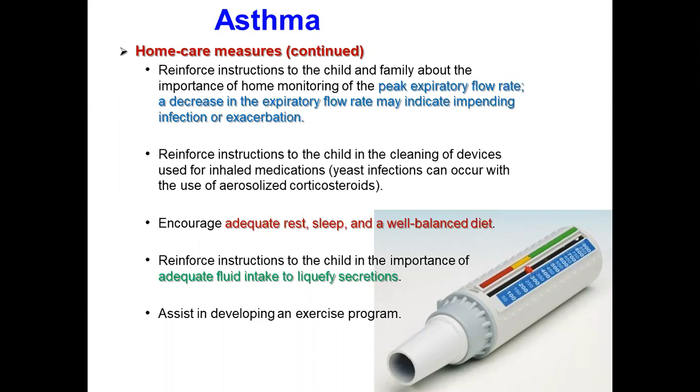Ensure the marker is at the zero level when they start, right? And another NCLEX board question: when they use this device, stand up, blow out as hard and as quick as possible. Perform three times and record the highest number.